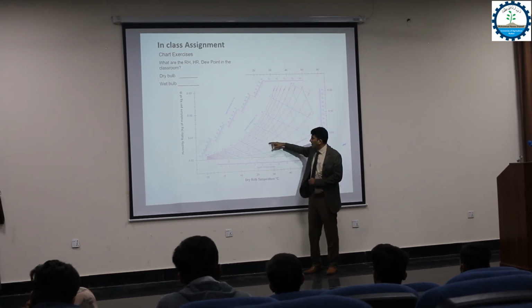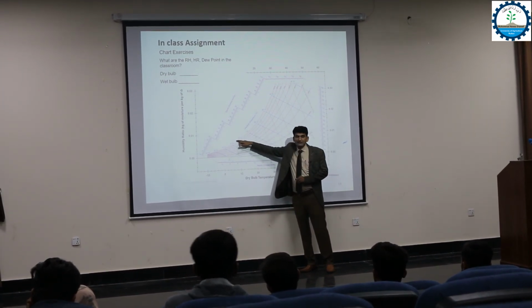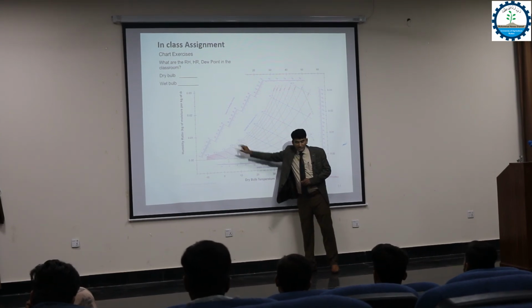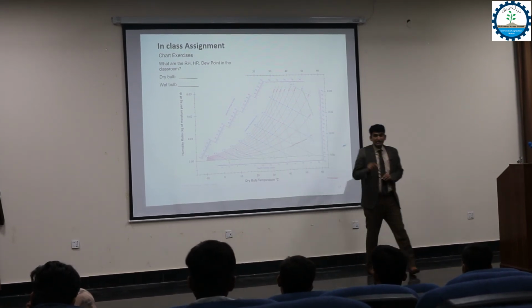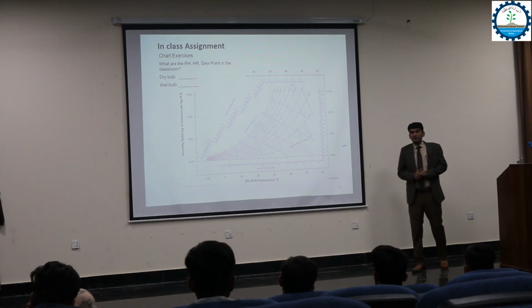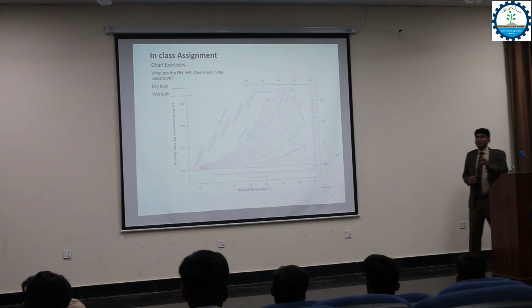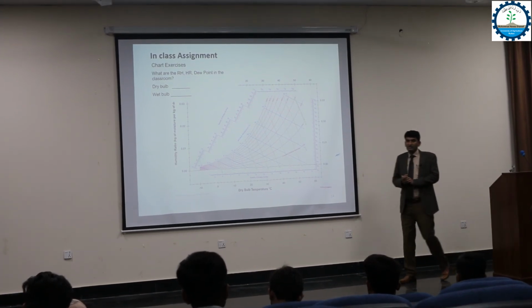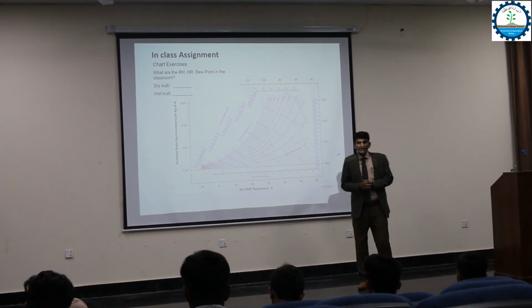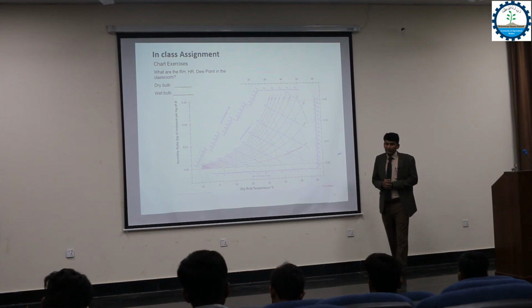Diagonal lines give the wet bulb, and the horizontal line will give us the dew point temperature. Never forget this; this is a very confusing point most of the time. You have to submit your sketch graphs after 1 minute, and I will review and give you feedback.